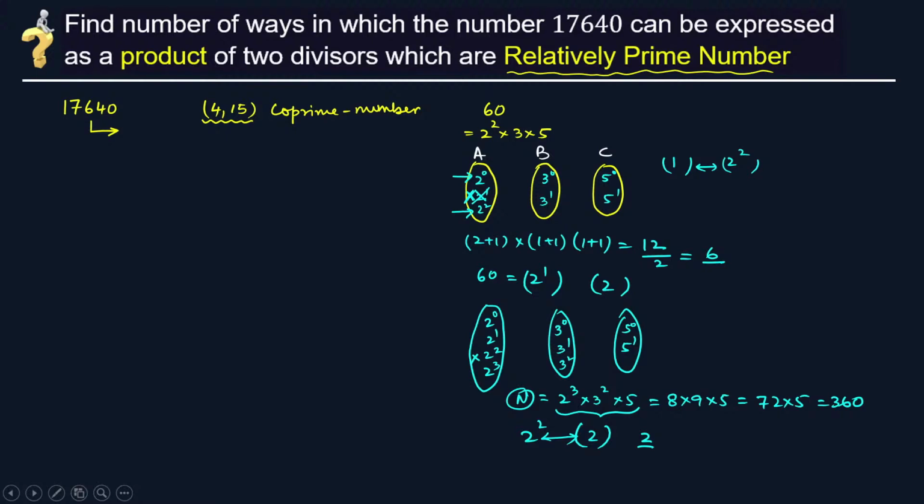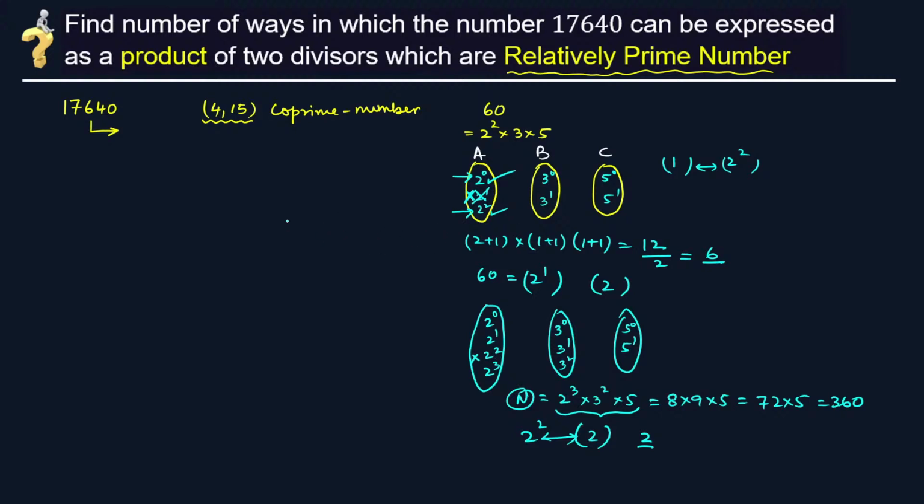So either you take 2 to the power 0 or you take 2 to the power of its extreme value. Are you getting my point? In this case, it's 2 square. You cannot take the numbers in between. I made you understand through this example.